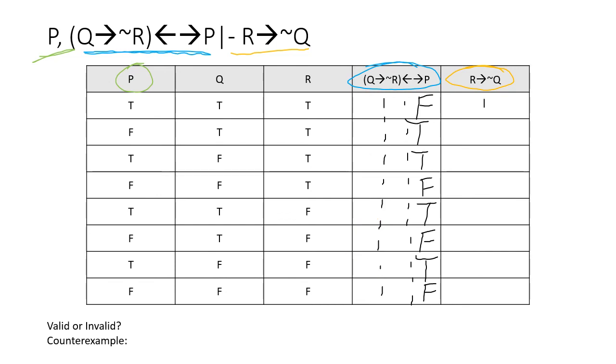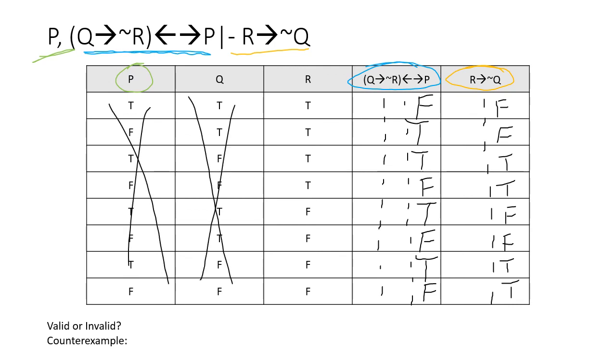And then finally we have the conclusion here. So tilde has to get done first. And then we can do the arrow. So our R is our left side or our antecedent.